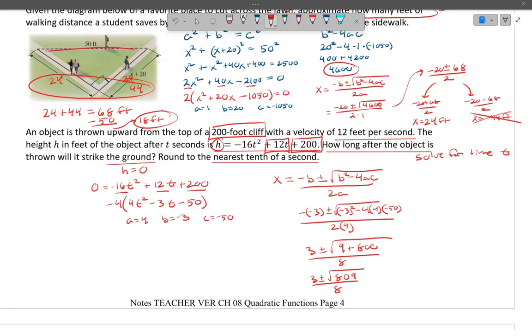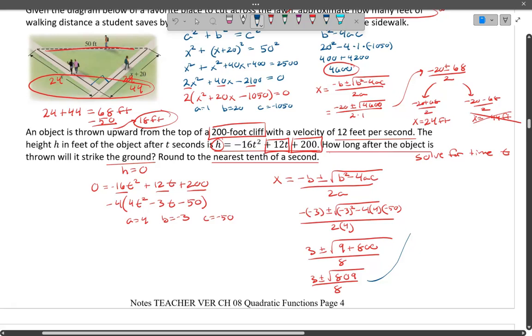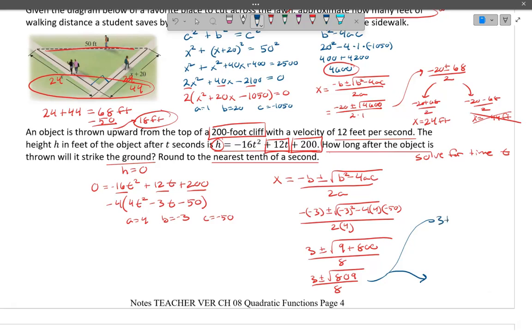Because we're rounding to the nearest tenth of a second, that means we can go ahead and estimate the radical. I want to keep a couple extra digits, or you can plug in the entire equation at once. We are solving two different problems now, 3 plus the square root of 809 over 8, or 3 minus the square root of 809 over 8.